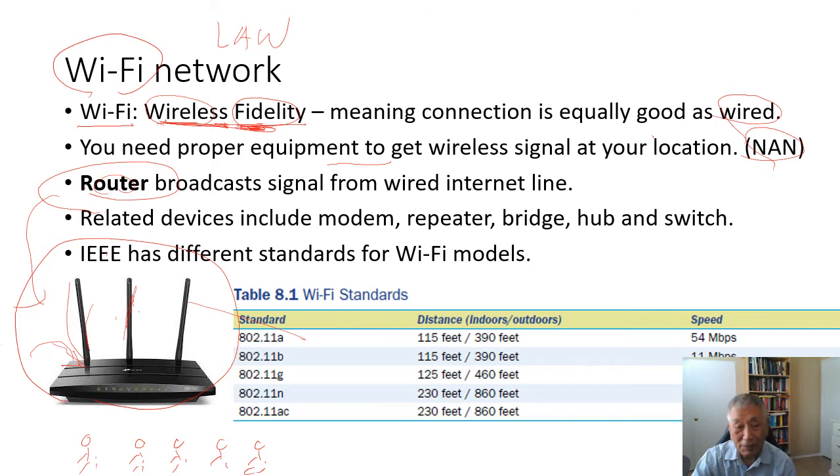Usually if it's more than 16 people, or even more than 6 people, the bandwidth is reduced because everybody is using the same line, so it gets slow, or sometimes it doesn't even allow you to join. So there is a certain limitation, but once connected, the quality is supposed to be the same as wired. That's what the fidelity is for.